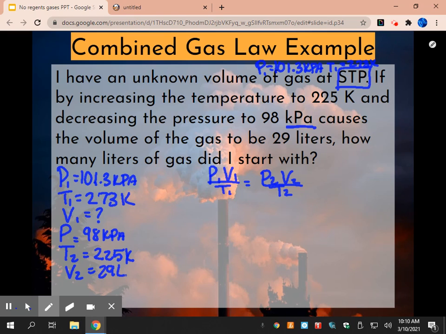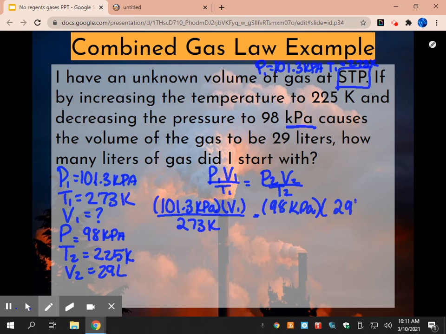So now I'm going to punch this into the formula. 101.3 kPa times V1, that's my unknown, divided by 273 Kelvin is equal to 98 kPa times 29 liters divided by 225 Kelvin.